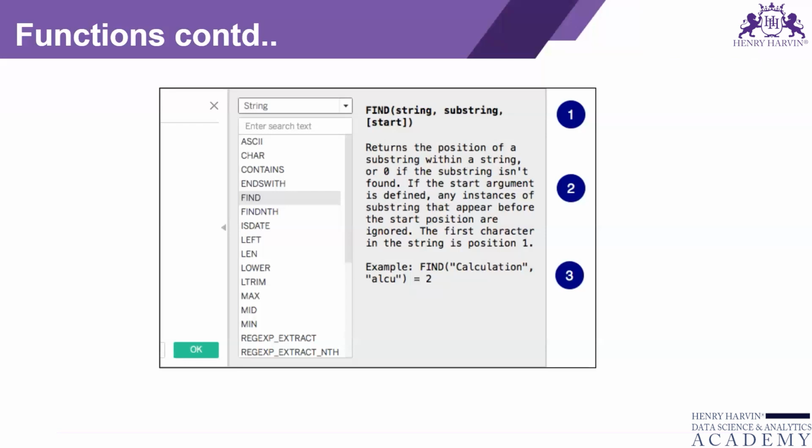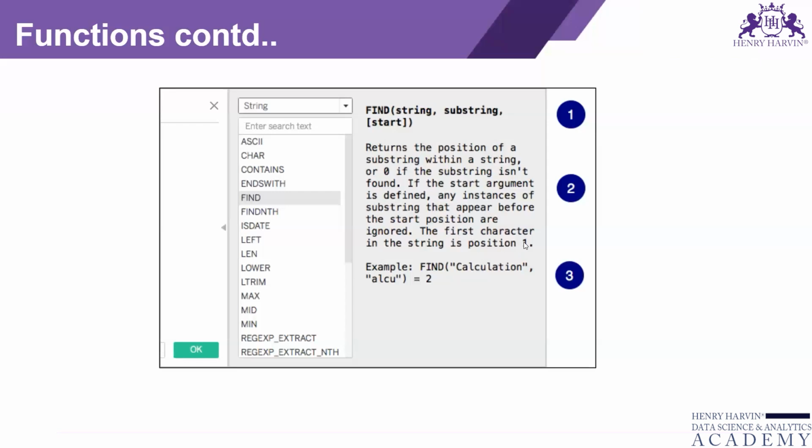So if you are taking your name, let's say Meenal's full name, and you want to find out the starting position of the Meenal substring in her full name, then you can give the full name, the substring that you want, and the start location, and you will get the value of the position. If the substring isn't found, then the return value will be 0. If the start argument is defined, any instances of substring that appear before that start position are ignored. The first character in the string is position 1.